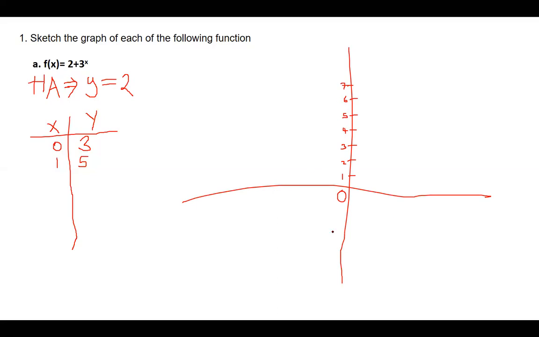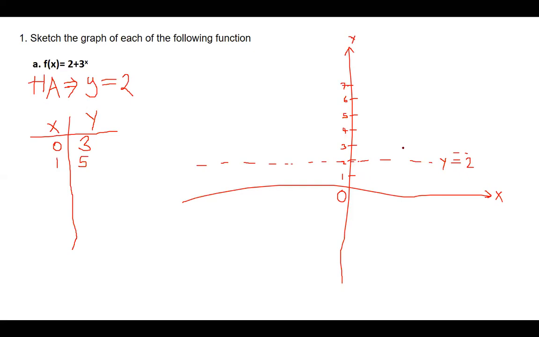From there, what we do is we first draw the horizontal asymptote. Sorry for drawing a bent line. So that is our horizontal asymptote, y is equal to 2. Make sure that you draw your xy plane with all that it requires.